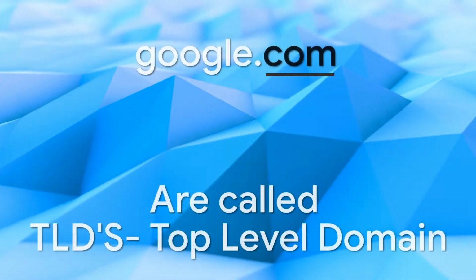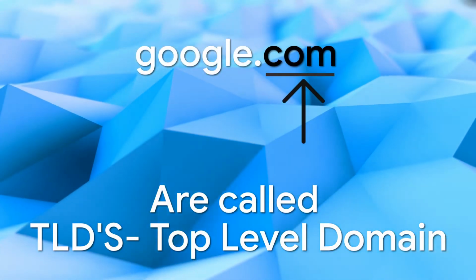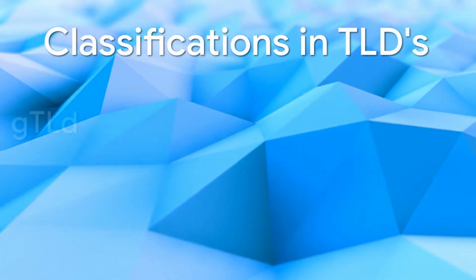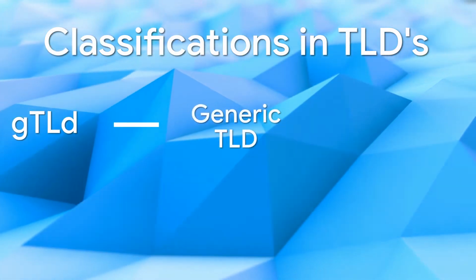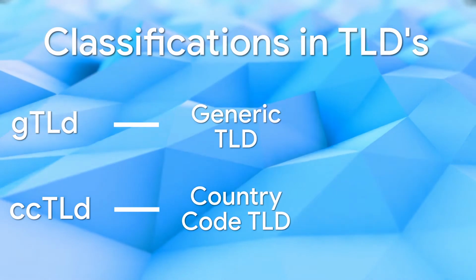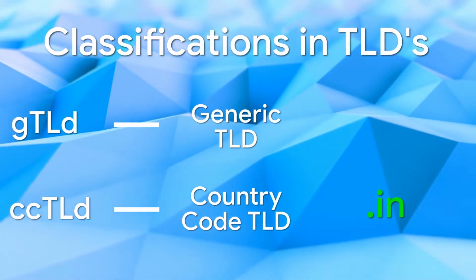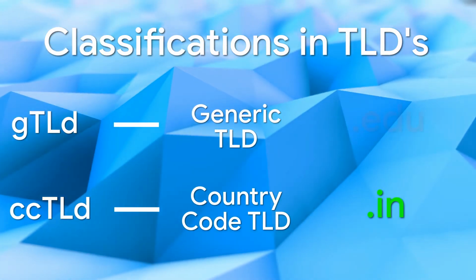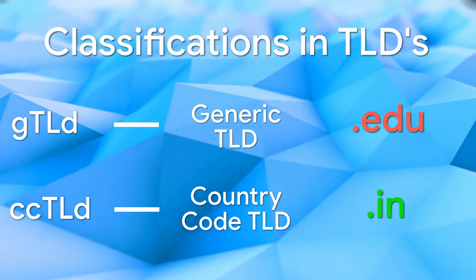All these which come after the name are called TLDs, which stands for top level domain. There are two types of TLDs: gTLD, which stands for Generic TLD, and ccTLD, which stands for Country Code TLD. .in in this instance is a Country Code TLD, and .edu is a Generic TLD.